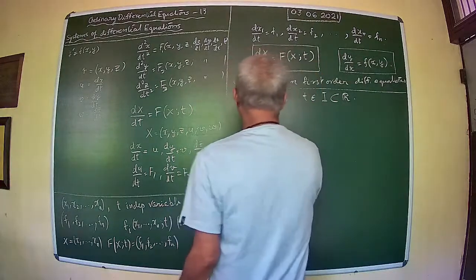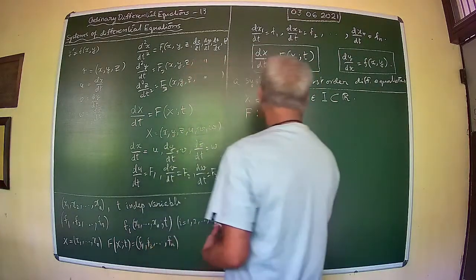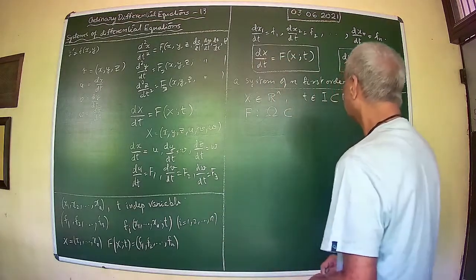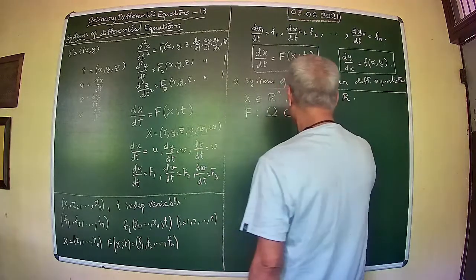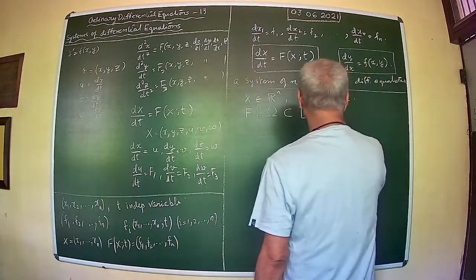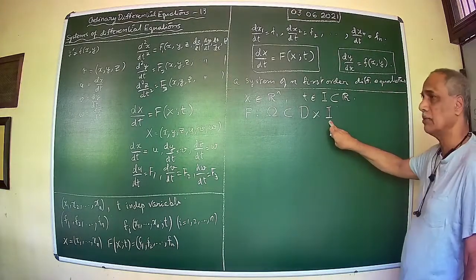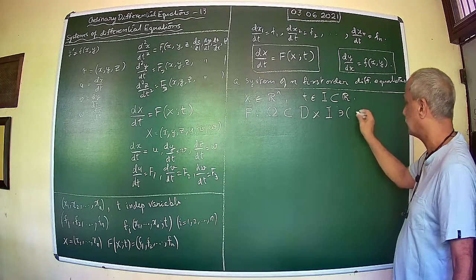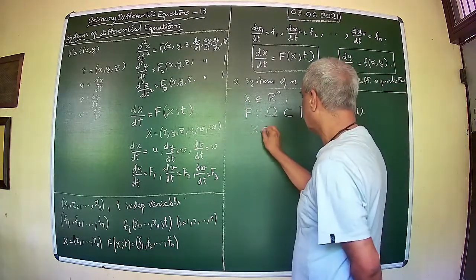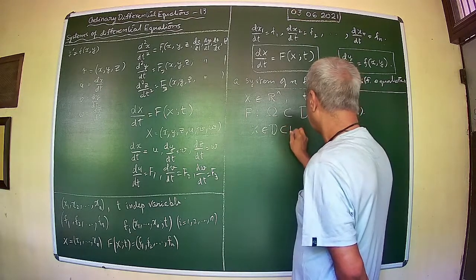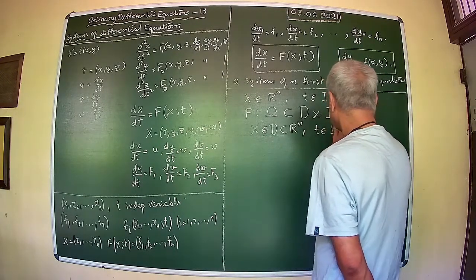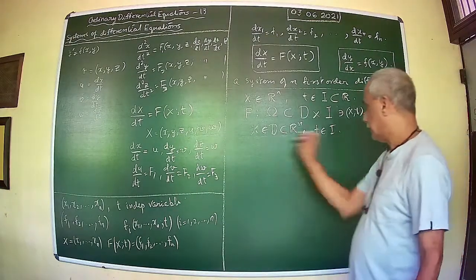Now if you look at this one, what is f? f is a map from some region omega, I'll put it this way, say D cross the interval I. I am writing this as x, so x belongs to D, D is contained in Rn, and t belongs to the interval I. So this is the setup that you have.